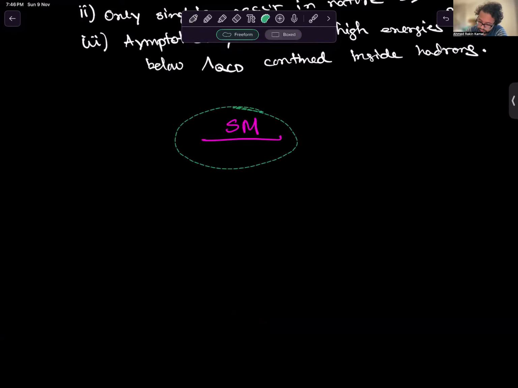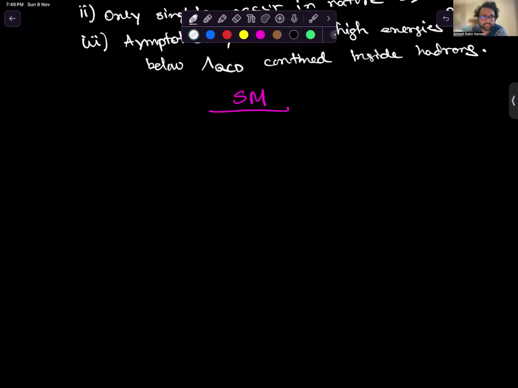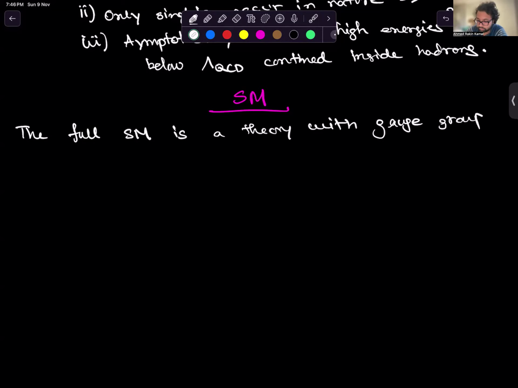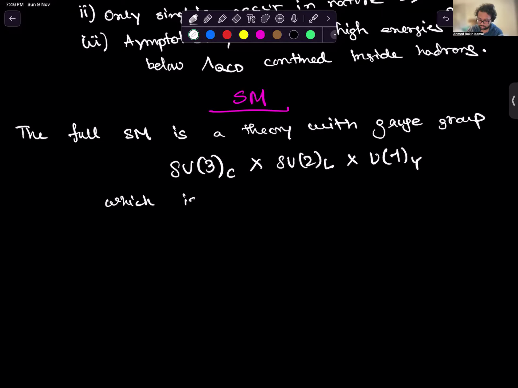So let's put the standard model all at once. The full standard model is a theory with gauge group SU3 color, SU2 left, U1 hypercharge, which is spontaneously broken.